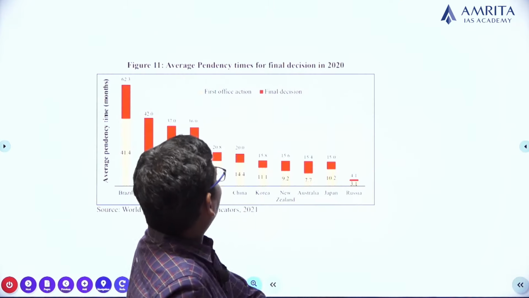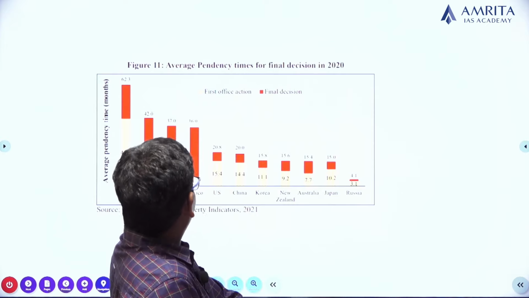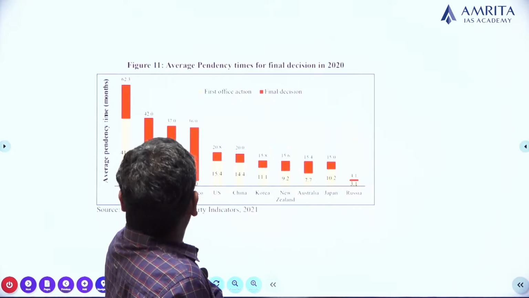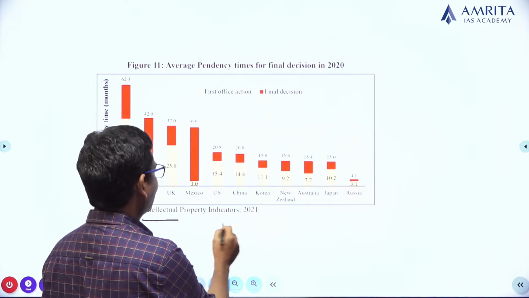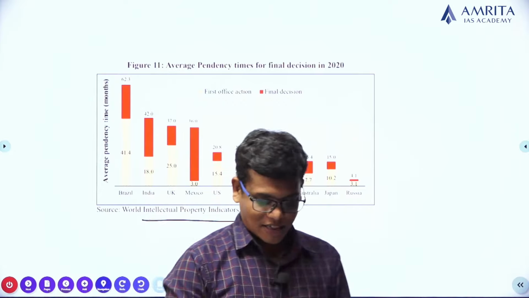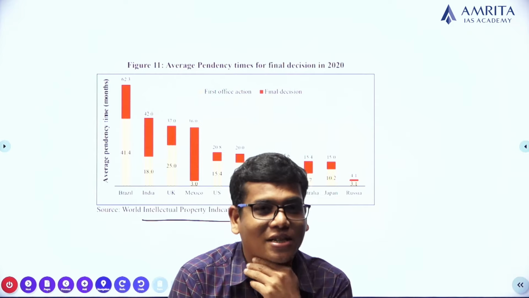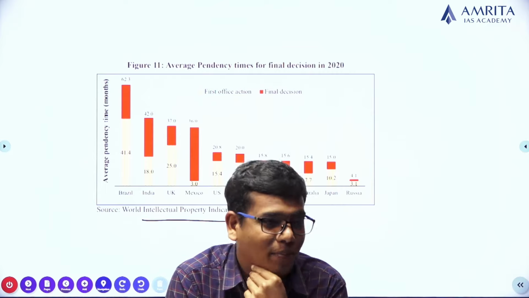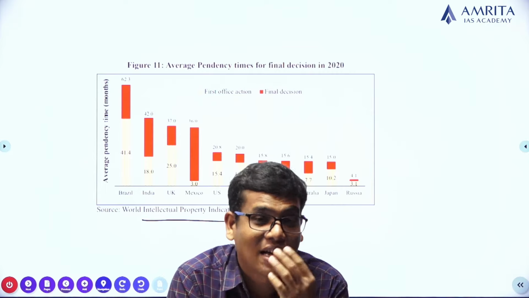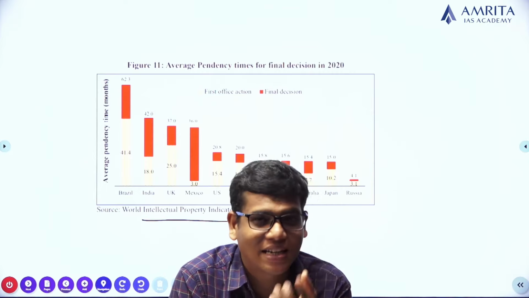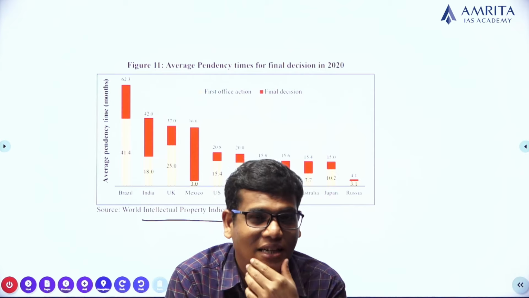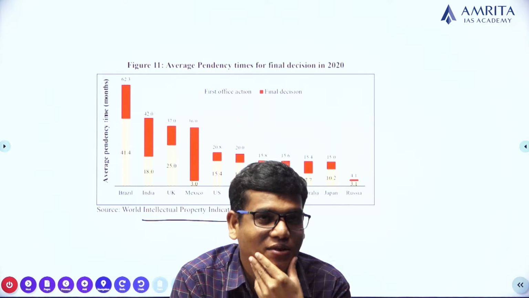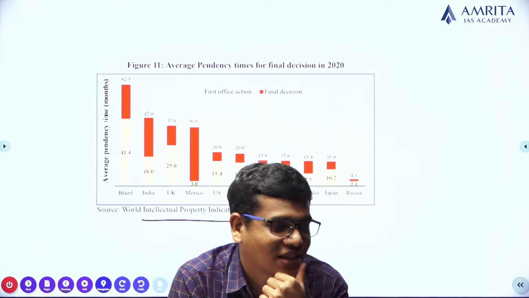Next, average pendency times of financial decisions. See, this is with respect to intellectual property rights, and the economic survey has given clear information on how many patents we used to apply for, how many patents were granted to us. That number is gradually increasing, and most of the patents are again in the services sector.